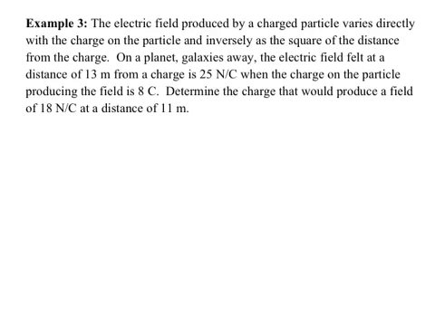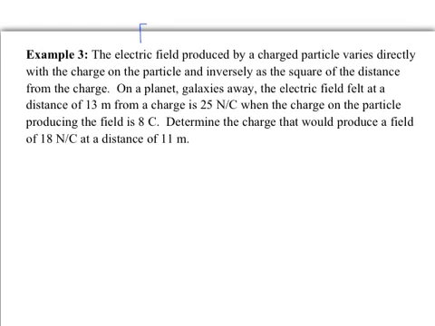And we'll call the charge on the particle, let's say Q. I'm giving you the variables that you use in physics. So the electric field E varies directly with the charge on the particle, we'll call that lowercase q, and inversely as the square of the distance, we'll call that r, distance r, from the actual charge.